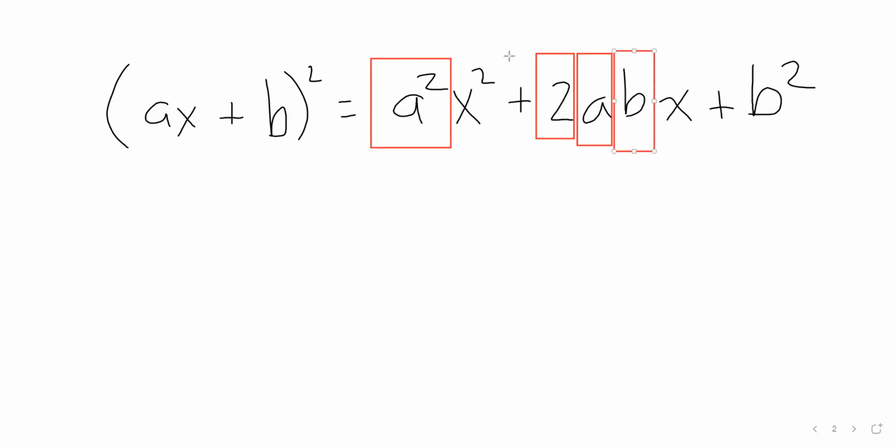And if we can make both of those things happen, and specifically, if we can make this guy a perfect square, and then the coefficient of the x 2 times that guy, and then some other number there, which once we find out what that number is, we'll know what to put over here, then we can go to town on it. So we're going to take this particular equation, and we're going to try to make both of these things happen. We're going to try to make the coefficient of the x even, and we're going to try to make the coefficient of the x squared a perfect square.